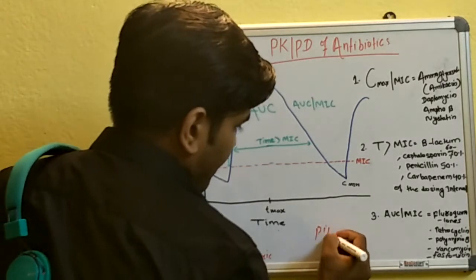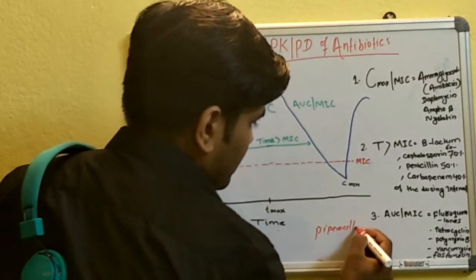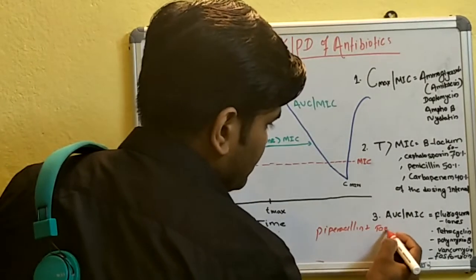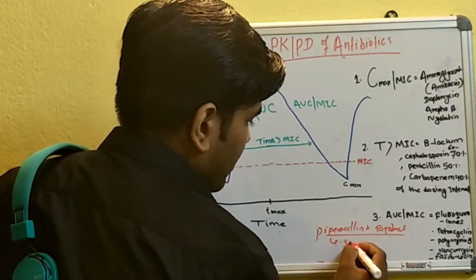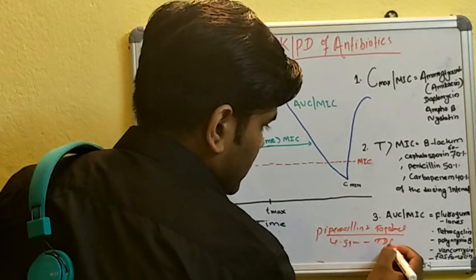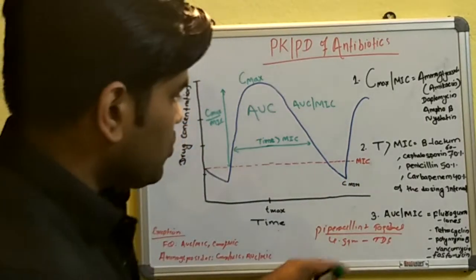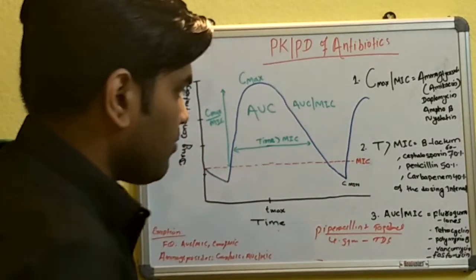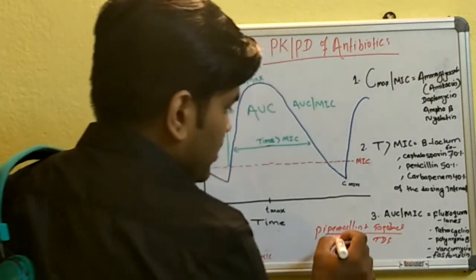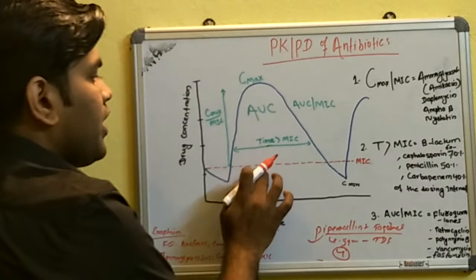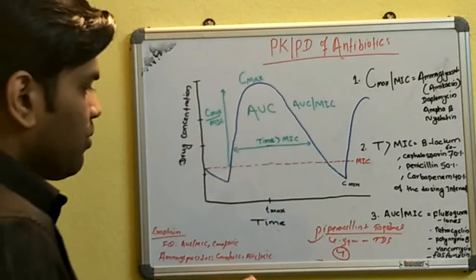Piperacillin plus tazobactam. Its normal dose is usually 4.5 gram TDS, so the gap is an 8 hour interval. For penicillin it is 50%, so for 4 hours this piperacillin tazobactam should be above the MIC. For this 4 hours, what we will do?